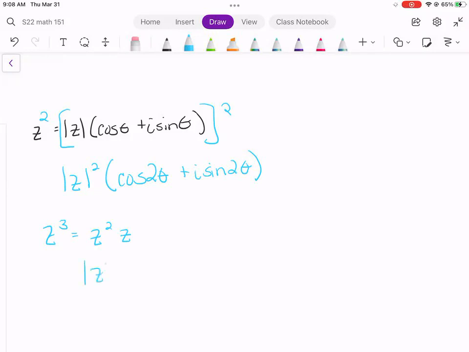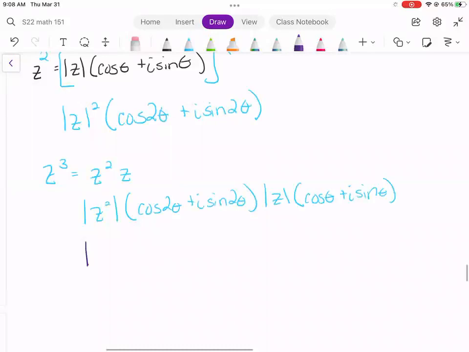So I have the magnitude of z squared times the cosine of 2 theta plus i sine of 2 theta, times the magnitude of z times the cosine of theta plus i sine of theta, which, using the product formula, results in the magnitude of z cubed times the cosine of 3 theta plus i sine of 3 theta.